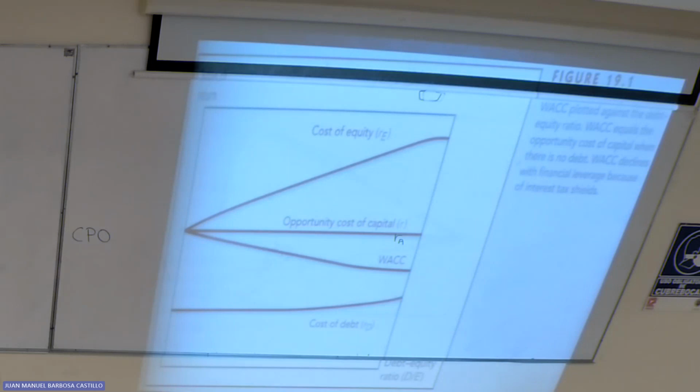Yeah? I ask because I guess the return on debt is a fixed rate. So we know that if inflation increases, that fixed rate is going to increase in real terms. That's why, whenever you use this cost of capital to discount cash flows, you should decide whether you work in nominal terms or real terms.